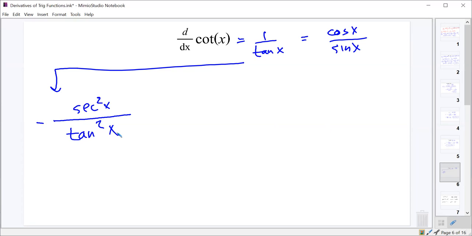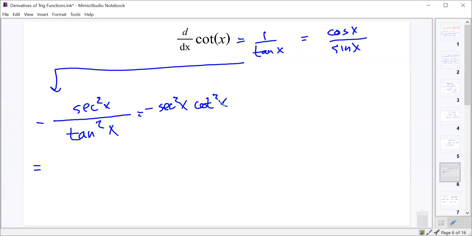And if we have that over tangent squared, that's like multiplying by cotangent squared, right? We'll say this is the same as negative secant squared x cotangent squared x.